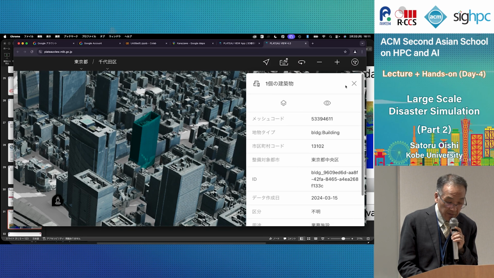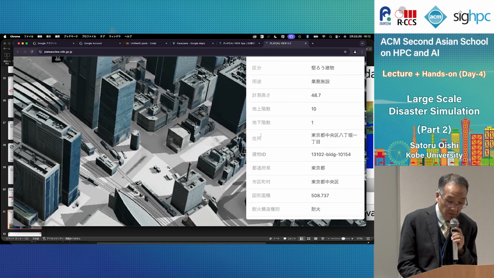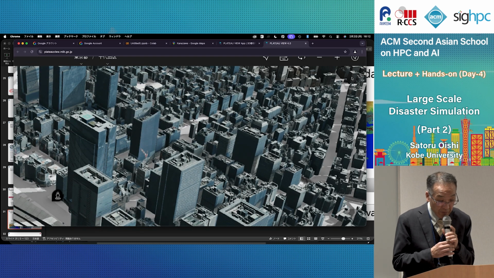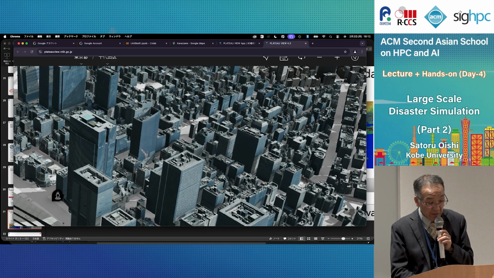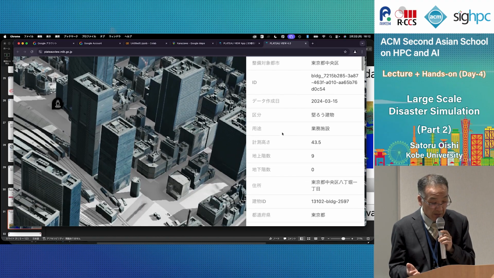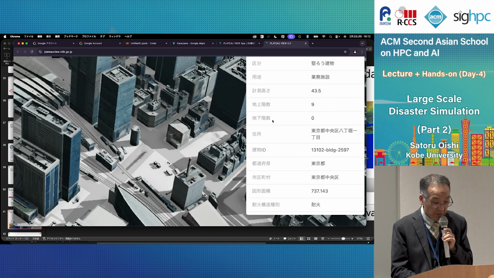Not only this building, but this relatively smaller building also has this kind of data, because for tax management, every building has its own registration, and it has height, area, volume, whether made by steel or concrete and so on, for counting the tax.